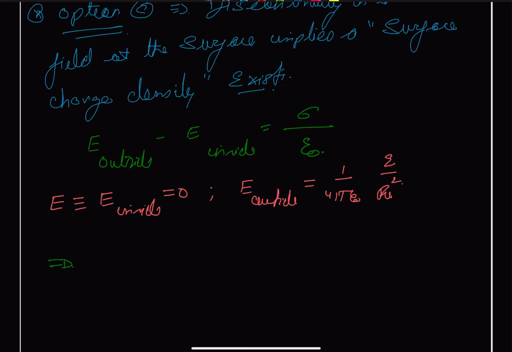So which means the field is discontinuous. Or we can say surface charge exists at r is equal to r naught.